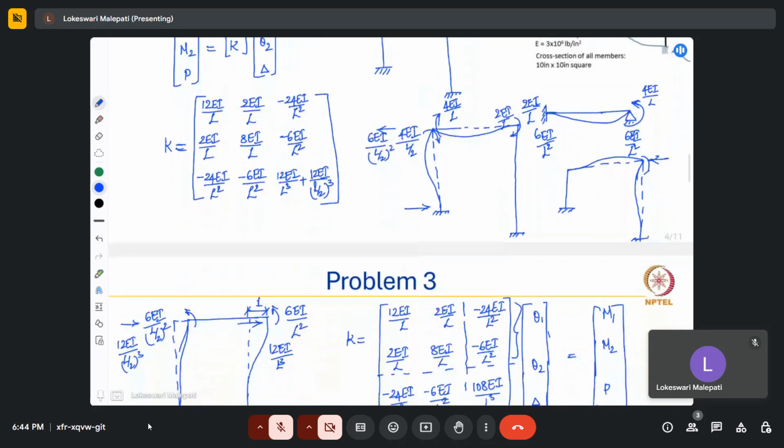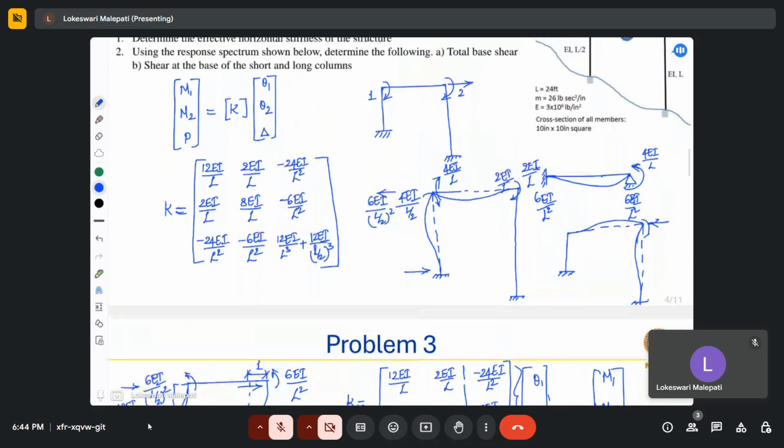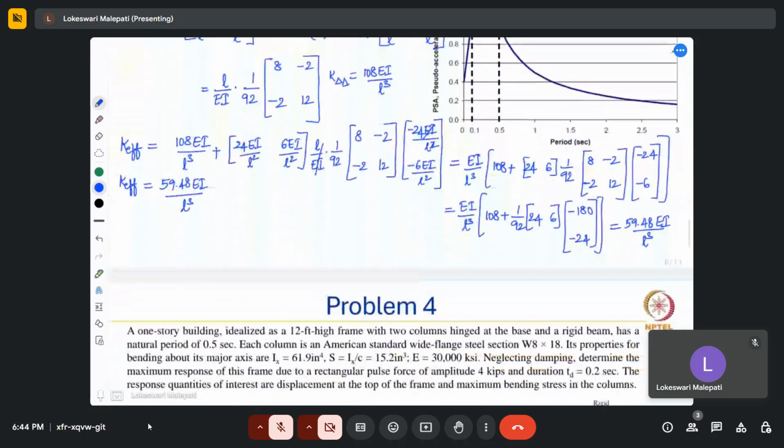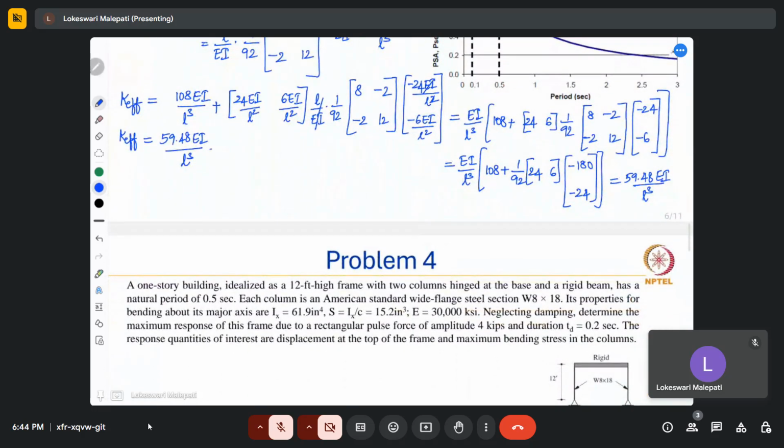So now let's substitute all the values. 59.48 multiplied by Young's modulus, which is given as 3 into 10 power 6 pounds per inch square, and the second moment of inertia we need to find out.